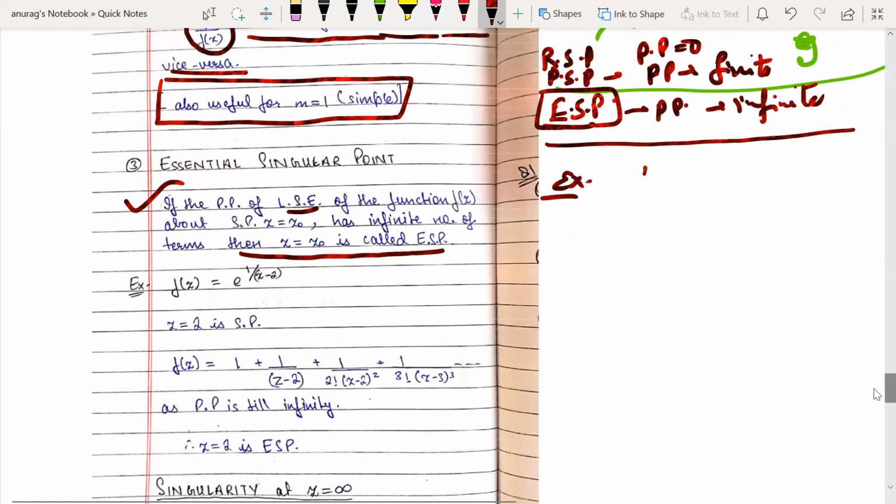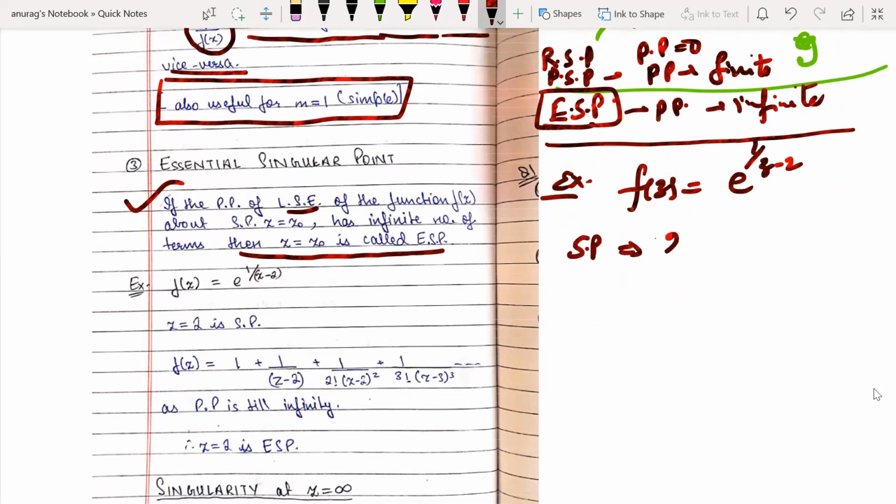Let's see one example. F(z) equal to e to the power 1 over (z minus 2). What is the singular point? Singular point is z equal to 2 because at 2 only the function is not defined. Now if you expand it, we know that the expansion of e to the power t can be written as 1 plus t plus t square by factorial 2 and so on.